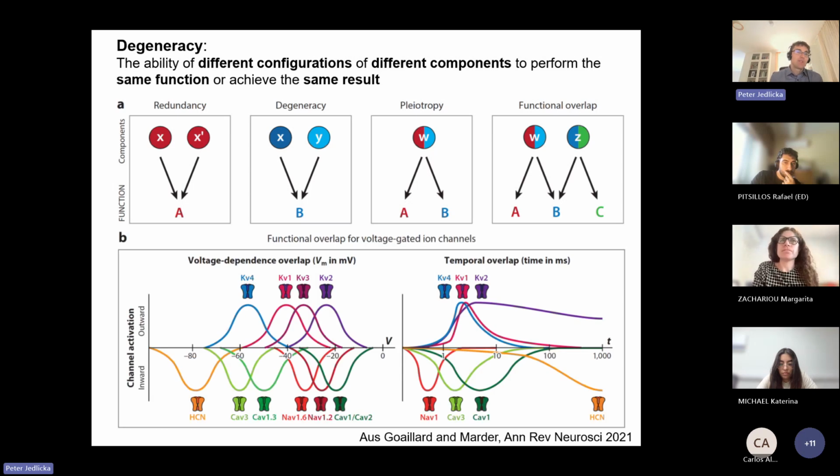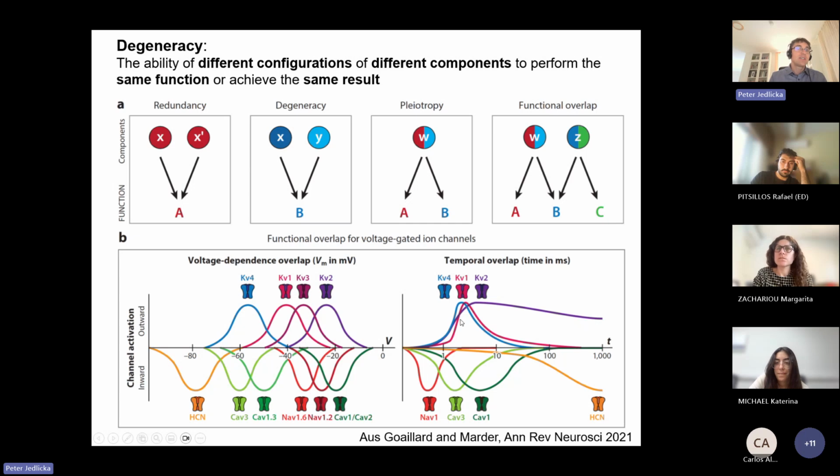A classical example is the ion channel degeneracy. If you are familiar with ion channels, then you know that there is a large overlap in the voltage activation and inactivation of these channels. So there is a large overlap in the voltage dependence domain. But there is also a large overlap in the time domain.